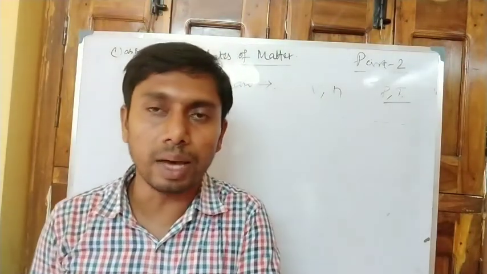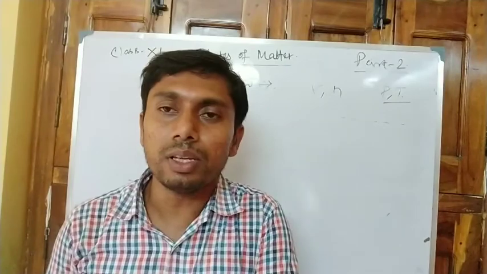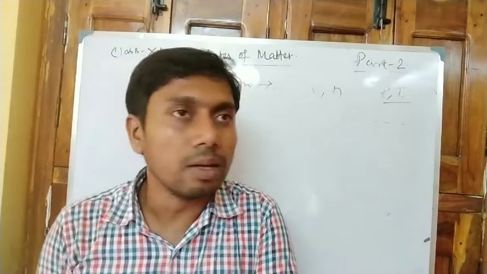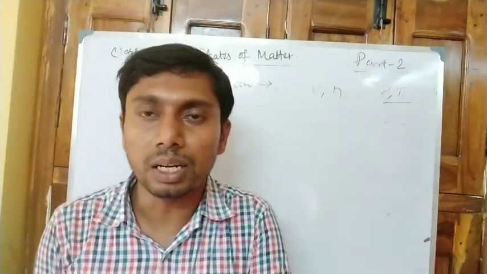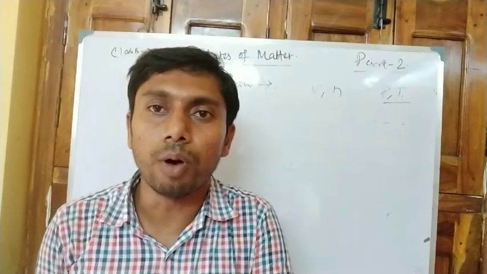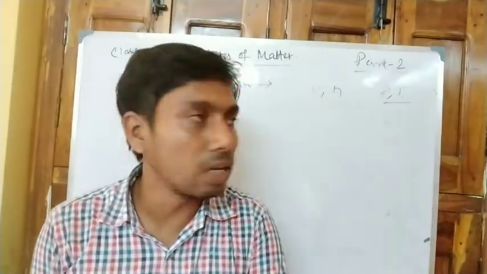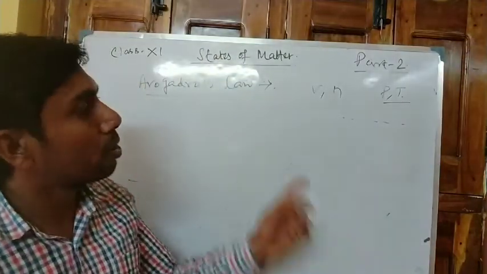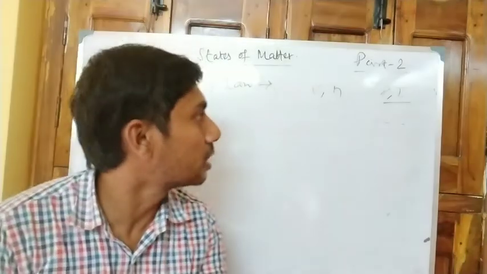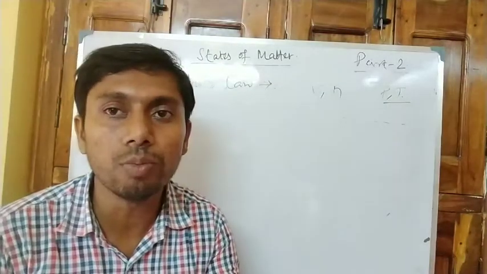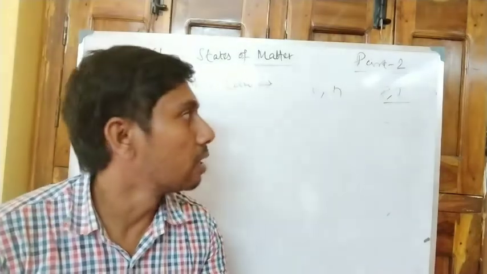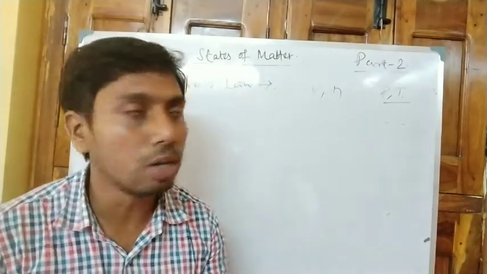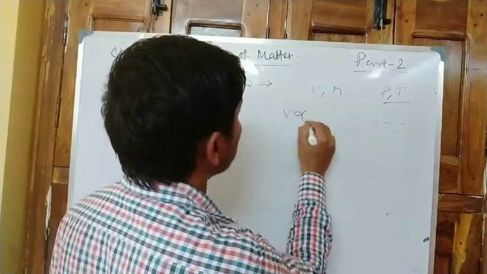So what is the statement of Avogadro's law? At constant pressure and temperature, equal volumes of different gases contain the same number of molecules. So V varies as N.